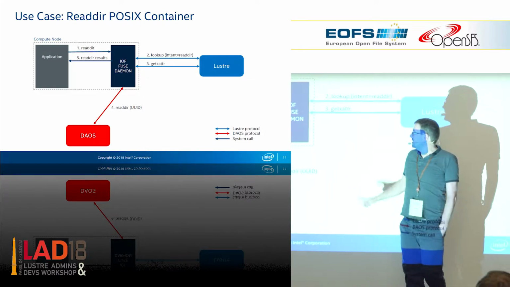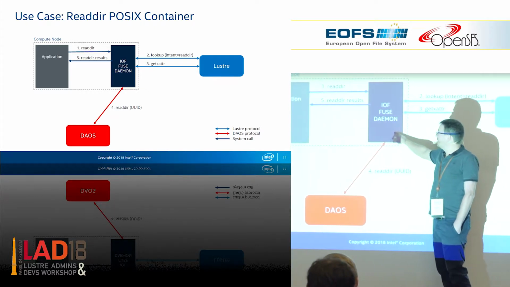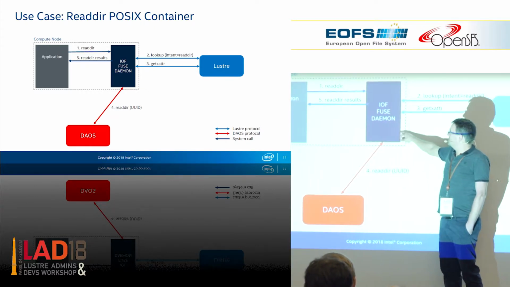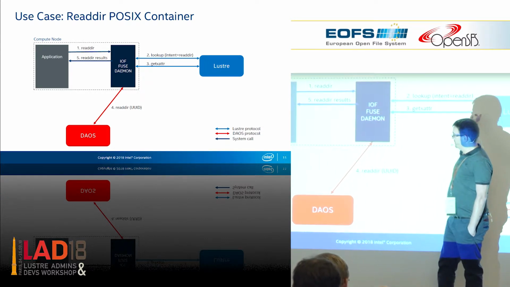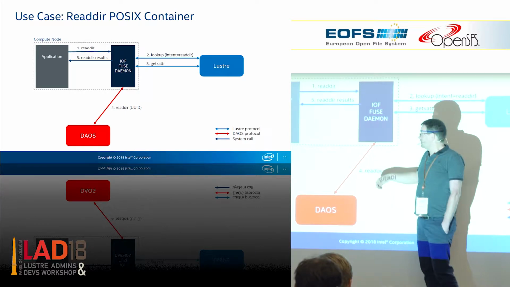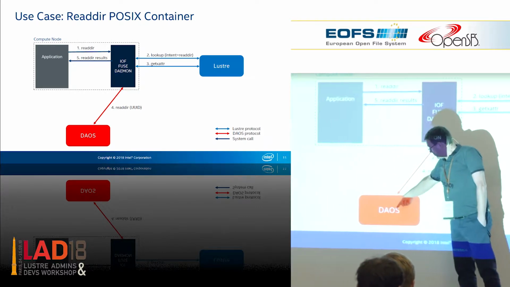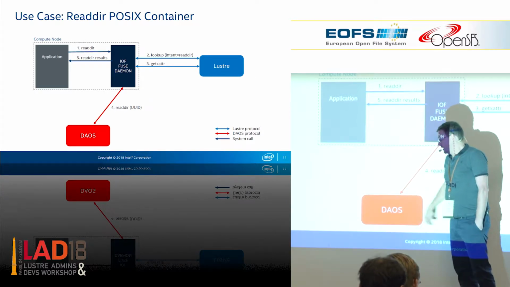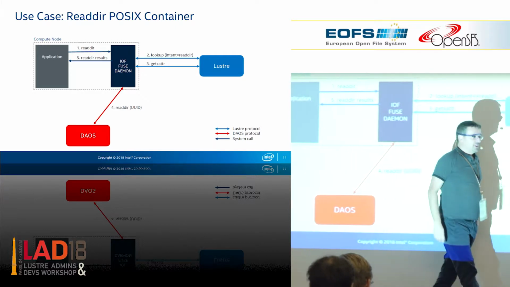The difference is that here you're going to get the special DAOS xattr that will tell the fuse daemon, oh, actually it's not a regular Lustre directory. It's effectively a representation of a container. And then at that point, the fuse daemon will fetch the content of the directory directly from the DAOS tier and return it transparently to the application.